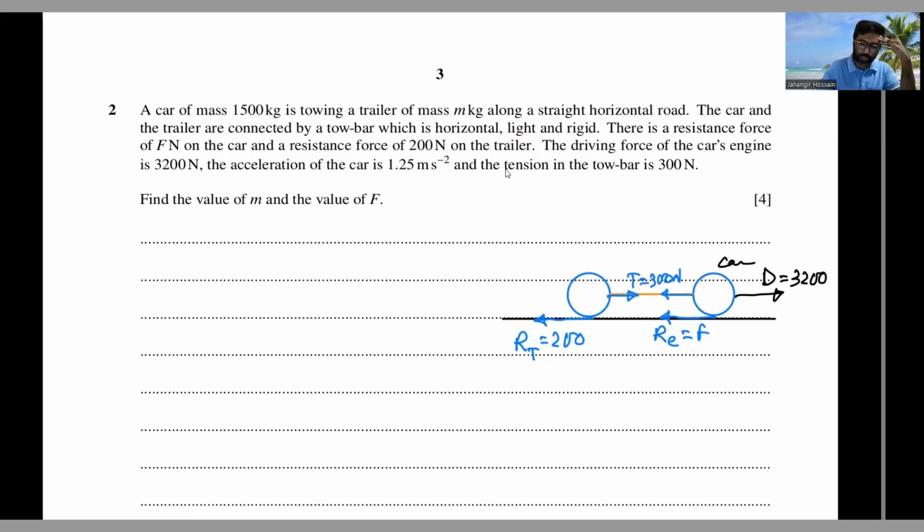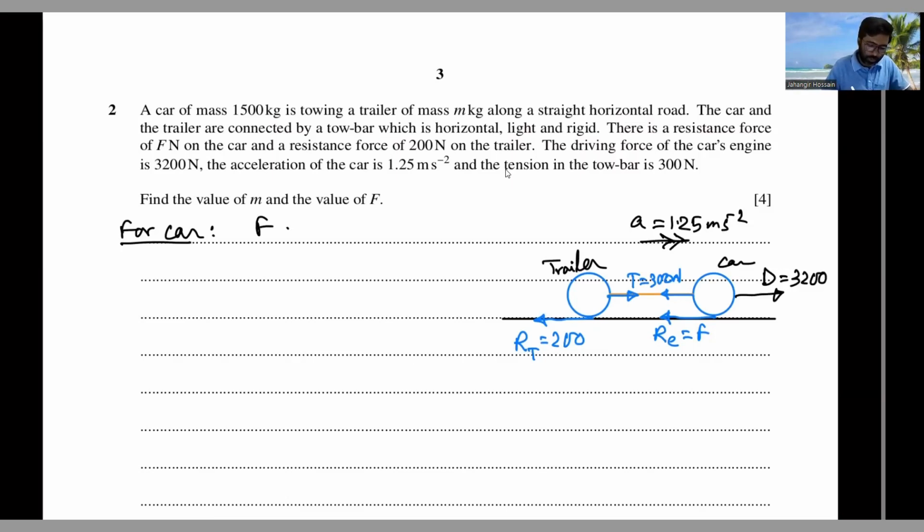The car, this is the trailer. Now we have the forces acting horizontally on the car and the trailer. If we apply Newton's second law on each of them, for the car, and there is acceleration. The acceleration of the car and the trailer will be the same since they are connected by a tow bar, which is naturally inextensible.